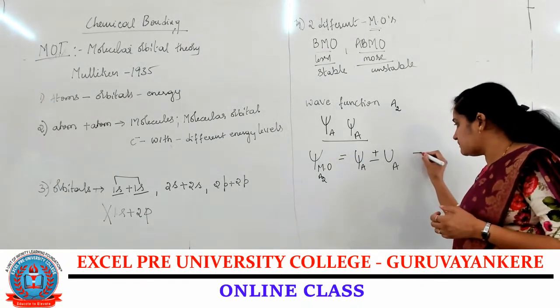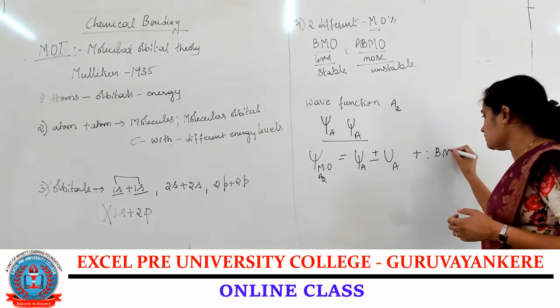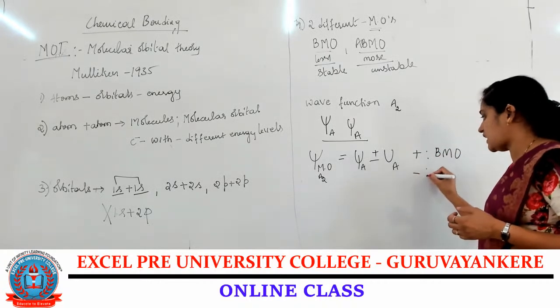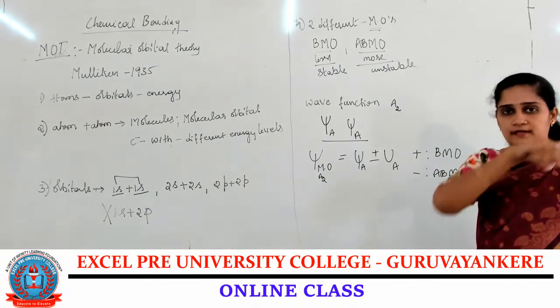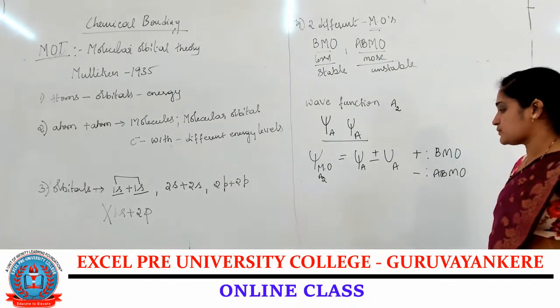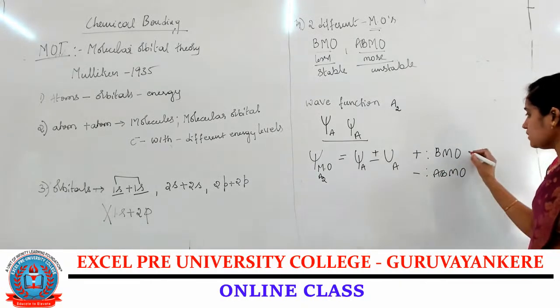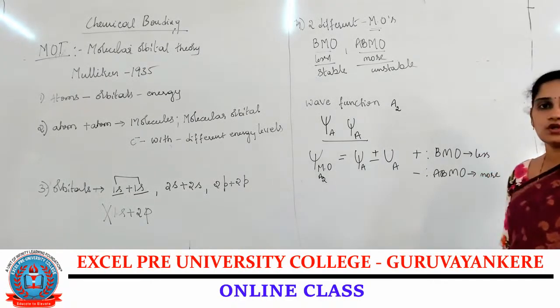During the addition, it forms a bonding molecular orbital. During the subtraction, it forms an anti-bonding molecular orbital. The bonding molecular orbital has less energy and the anti-bonding molecular orbital has more energy.